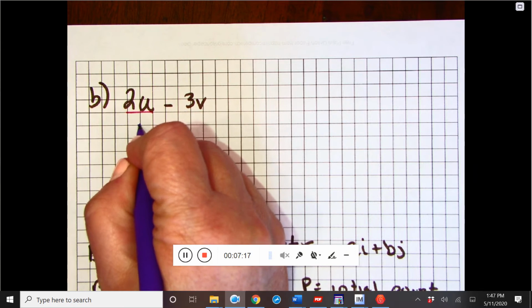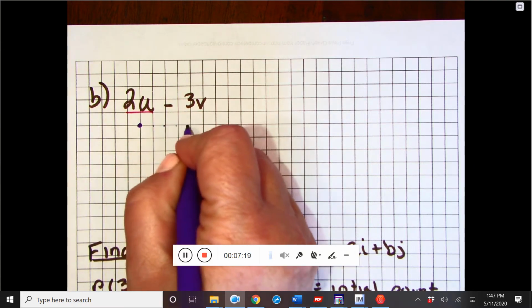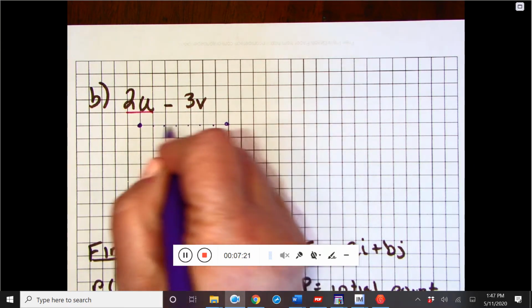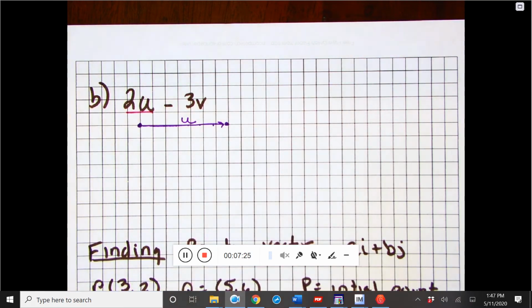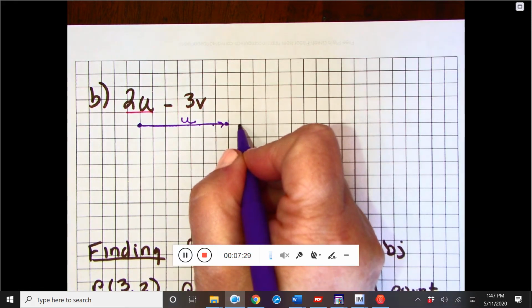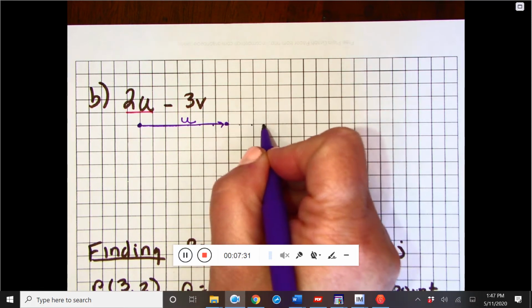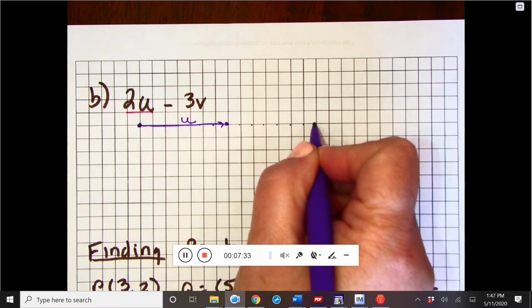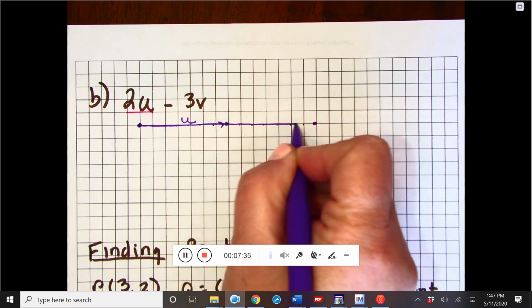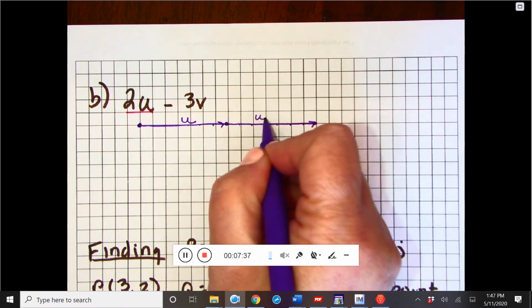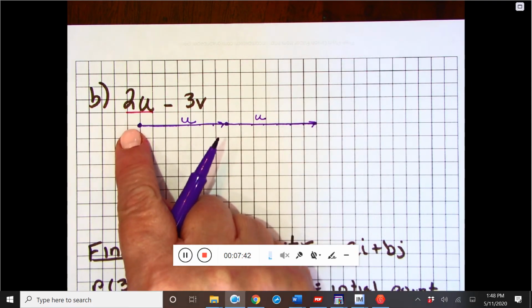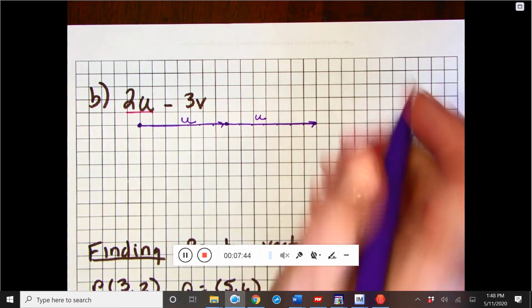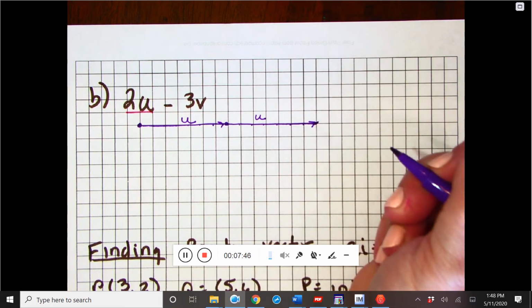Here's vector u with 7 units horizontally. Now I need to double that, so I'm going to go another 7 units. This is another u. So that entire vector from this initial point to this terminal point is 2u.